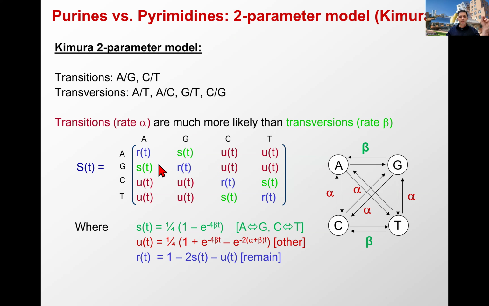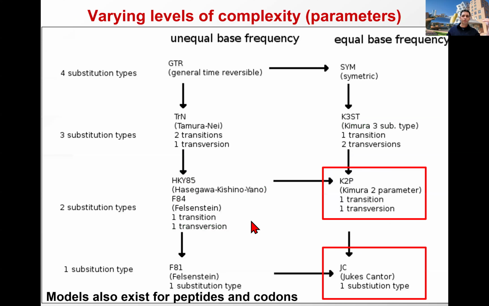So the substitution rate within purines and within pyrimidines is much higher than the substitution frequency between the two categories. And therefore, I will have two parameters, and I will need to estimate those two parameters based on the observed mutations. This is the Kimura two-parameter model, where I have one transition parameter and one transversion parameter.